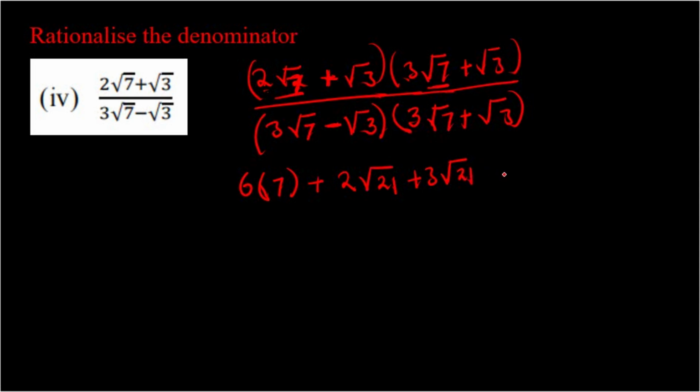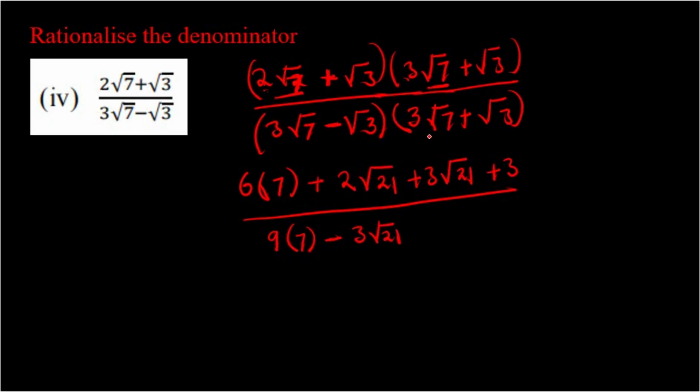Then this times that, plus 3 over. This times that, you have 9, then 7. Then this one times this one will be 3 root of 21.